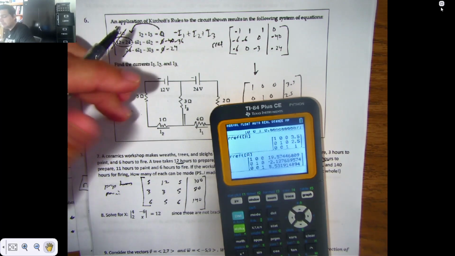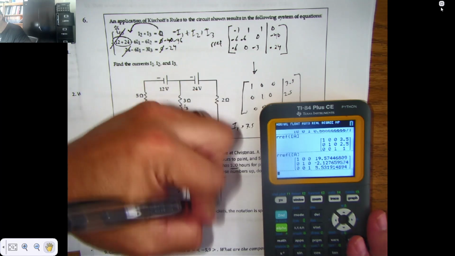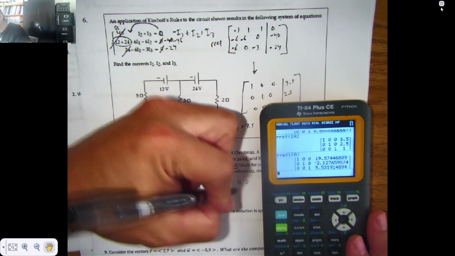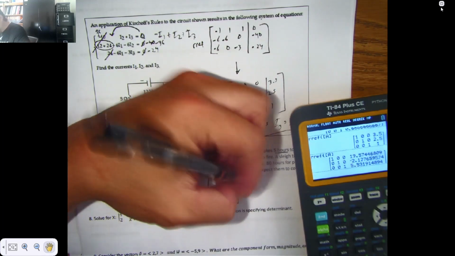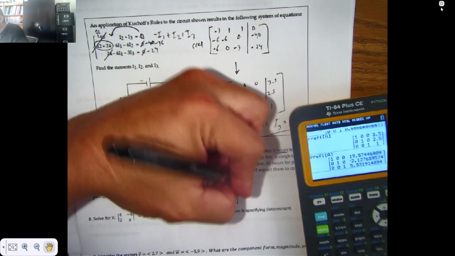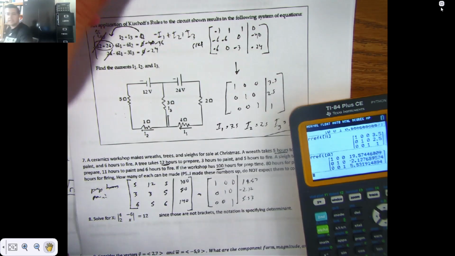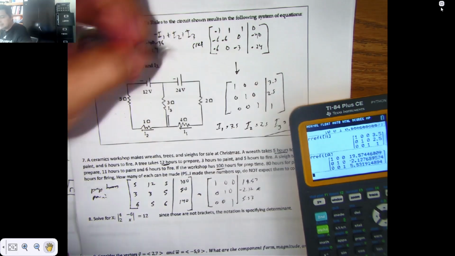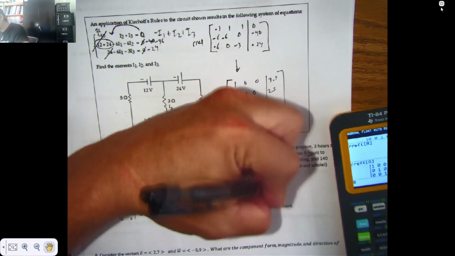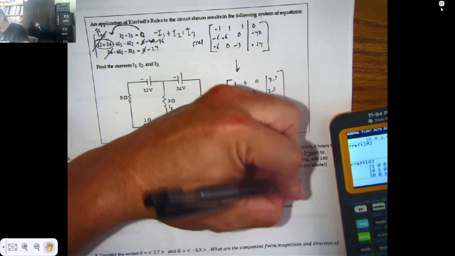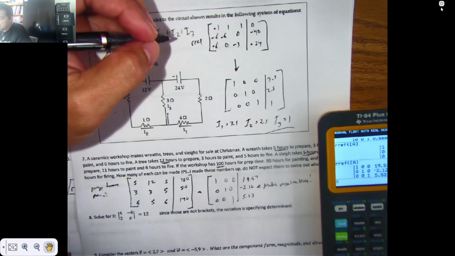So I got something funny there. What's real funny is one of them's negative. Isn't that kind of interesting? This is saying we're going to make negative trees. Yeah, something's wrong with that.